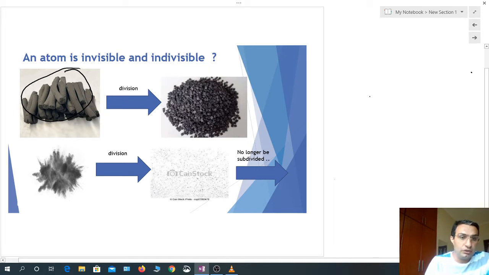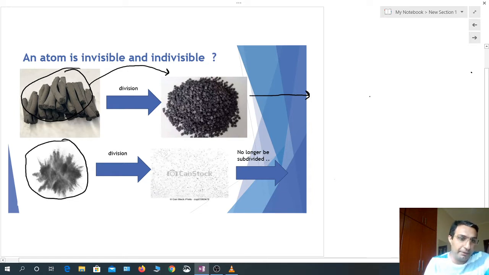Let's see. So initially you can say that you have big pieces of charcoals. Then when you start cutting into pieces, you can see that there are many pieces of charcoal. So when you continue to divide into pieces, you see that you have very small tiny particles, many tiny particles, but here the particles are still visible.